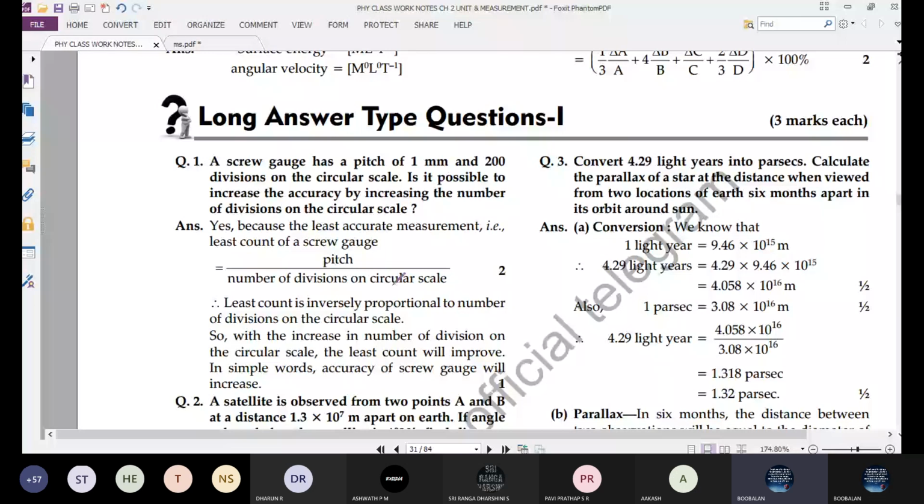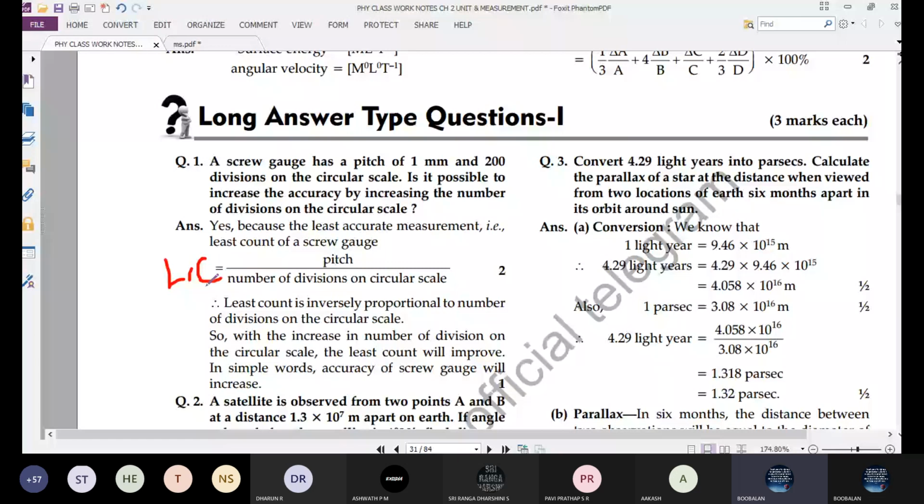The least count is inversely proportional to the number of divisions on the circular scale. So this is the formula: LC equals pitch divided by the number of divisions on the circular scale. So LC is inversely proportional to the number of divisions on the circular scale, and directly proportional to pitch.